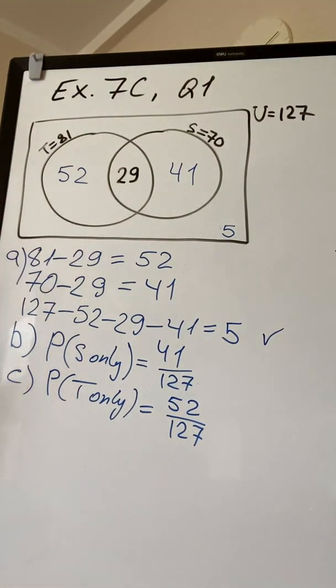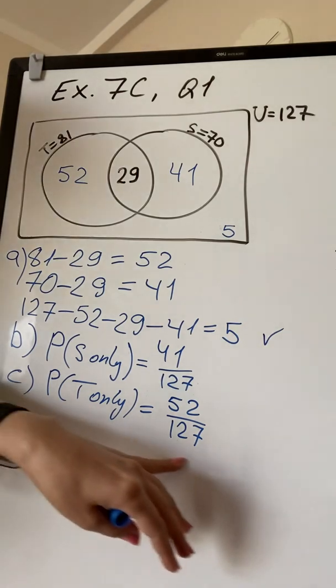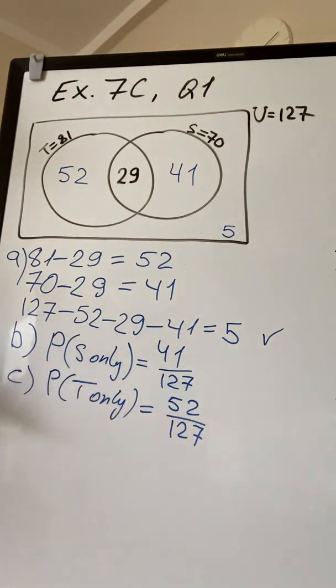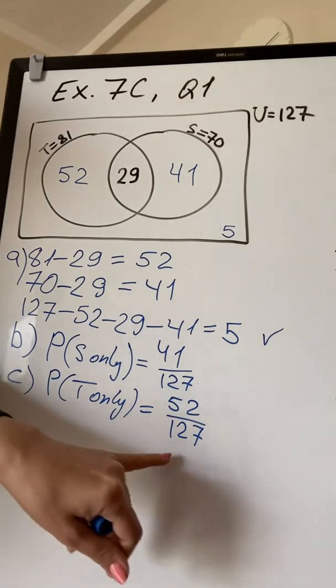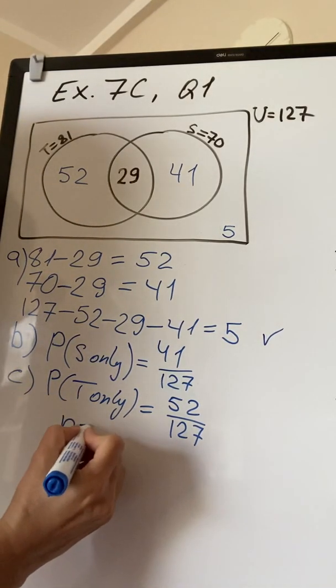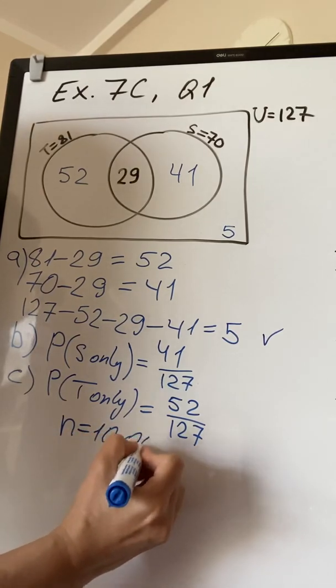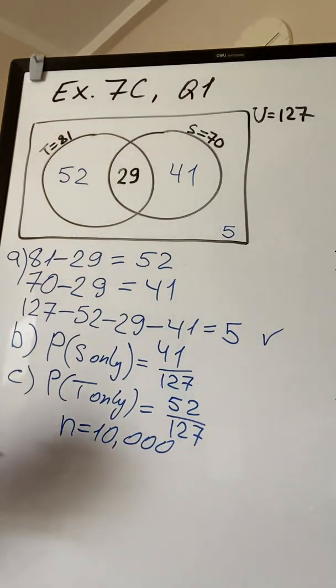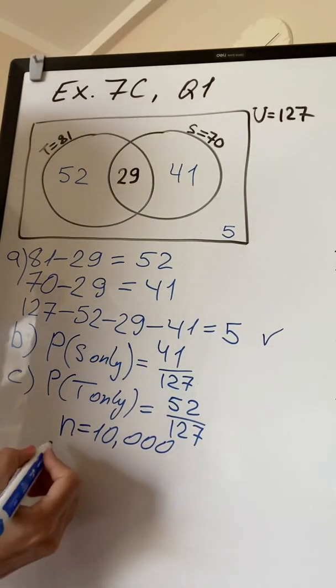Now, this is only for one randomly chosen consumer. But we're now repeating that experiment, choosing 10,000 consumers, and we want to know the expected number of tablet-only users. If that's for one randomly chosen person, then for n equaling 10,000 consumers, we multiply 10,000 by the probability of just one event, correct?